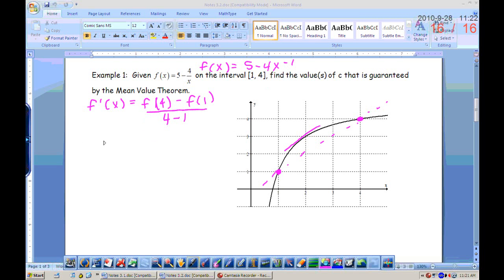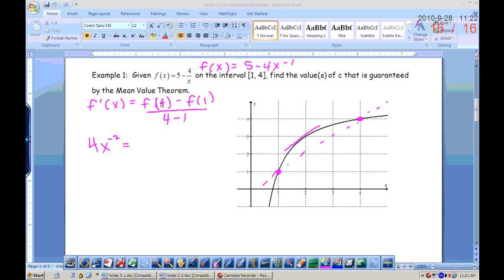Okay, so what's f prime? Okay, 4 over x squared or 4x to the negative 2? Either way. I'm using the mean value theorem formula right here, and I'm taking f prime of x. Okay.